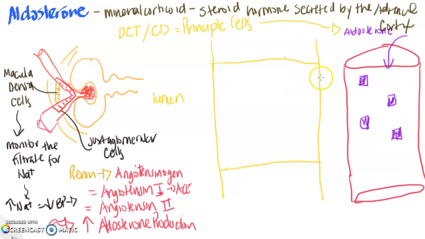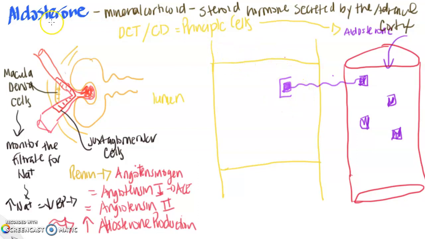Okay, so these cells have receptors inside of them. Remember, aldosterone is a steroid, so the receptor is going to be inside the cell. So the hormone is going to come into the cell and bind with this receptor, which is in the cytoplasm.